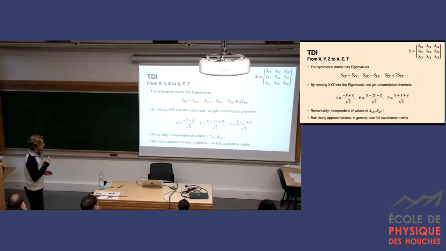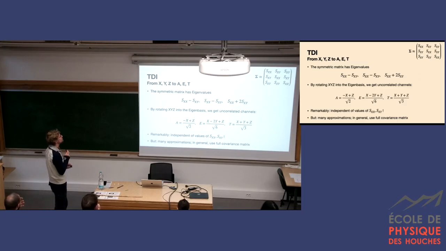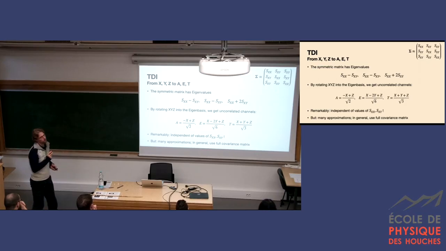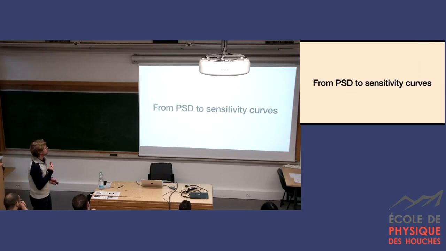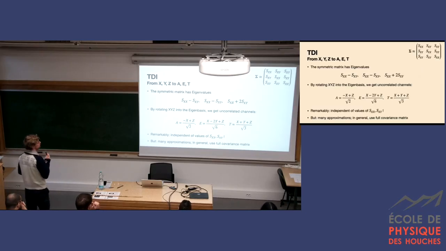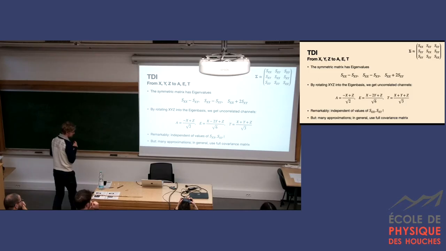This is why it's very tempting to use this approximation, because it really simplifies everything a lot. But a lot of approximations go into it, and in general, this does not hold in reality. Now, this was about PSDs and PSDs in TDI.